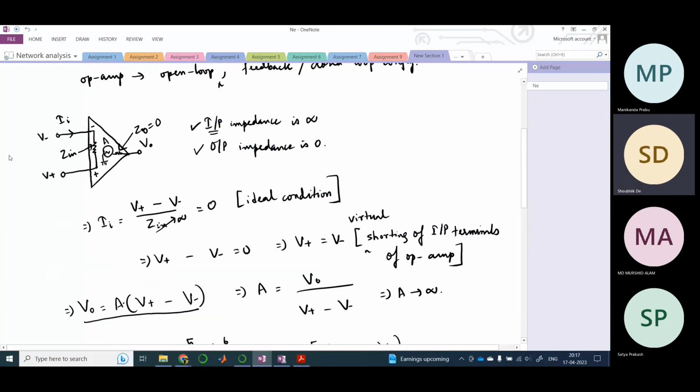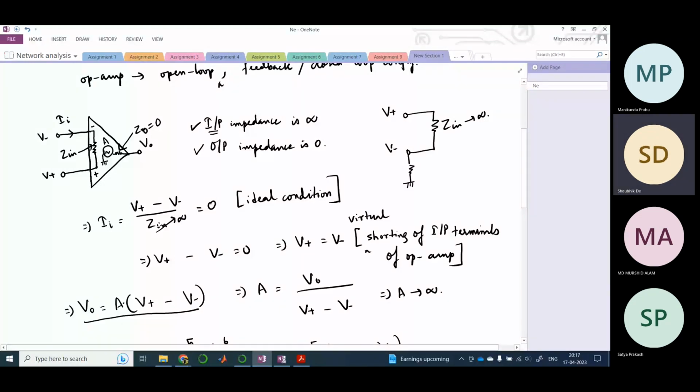See, what was the inner circuit here? It's like this, right? So this is V plus, this is V minus, this is Zin, and this is tending to infinity. Now here, even if you connect a resistor, what would happen to the circuit? Nothing would change, right?